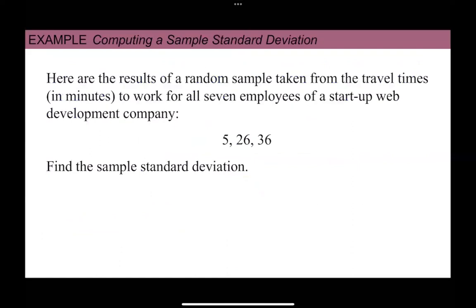So here's a sample of our travel times. So we're going to find the sample standard deviation. We're going to start off the same and take each one. So I'm going to find the average of these 3 values. And since this is a sample, it's going to be X bar equals. So my average of these is 22.3.